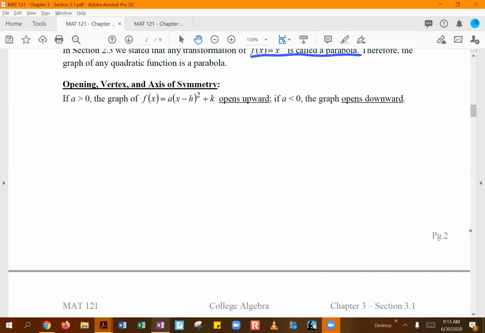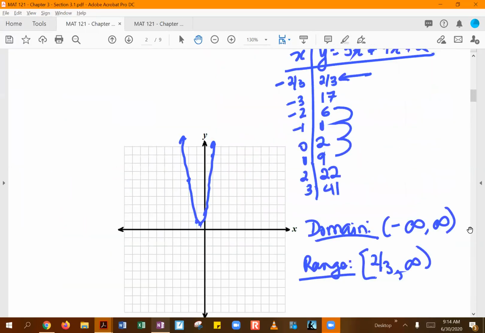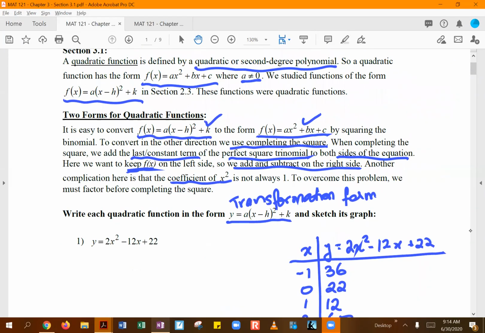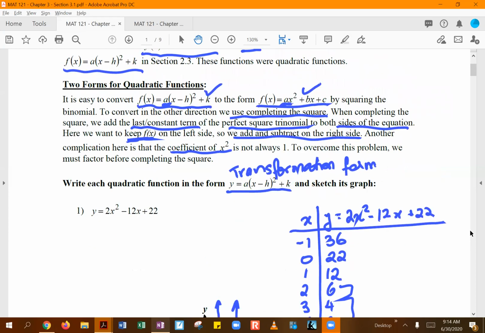So the opening is basically talking about whether your graph is going to open up or down. That actually comes from this a value. It can either be the a from the transformation function, or the same a that you have here in the standard form. So the a x squared from the standard form and the a from the transformation form are going to be the exact same number.